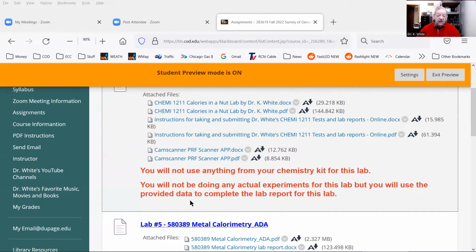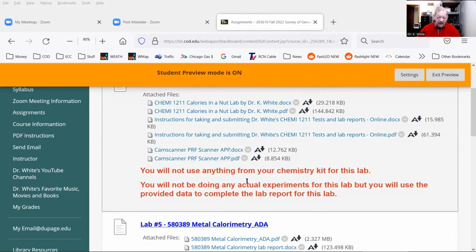And actually, you will not be doing any actual experiments for this lab. You will use the provided data to complete the lab report. So you're not going to do any mixing. You're not going to burn any nuts. You're just going to use the data I provide to write the lab report.